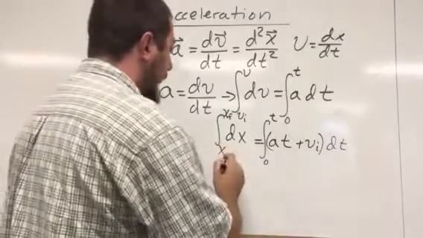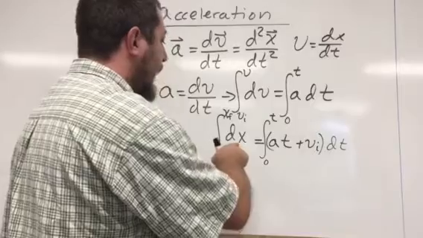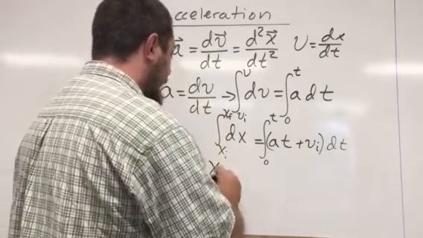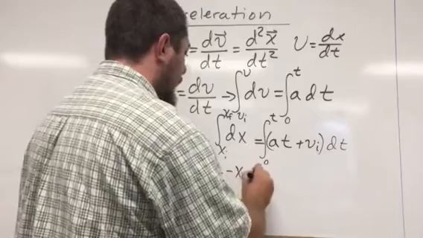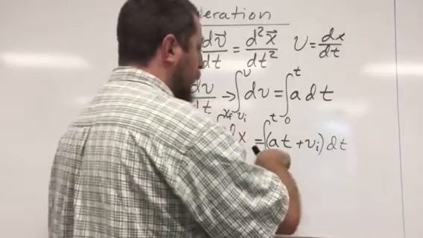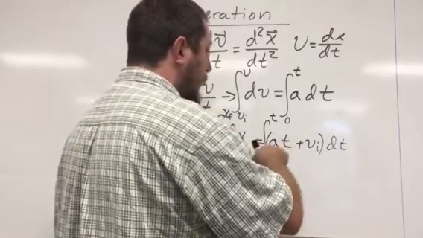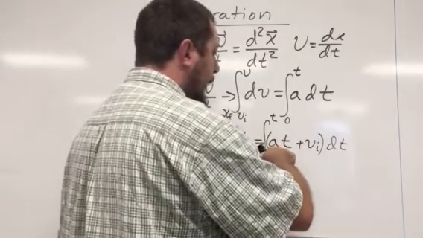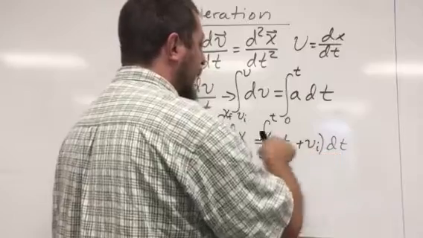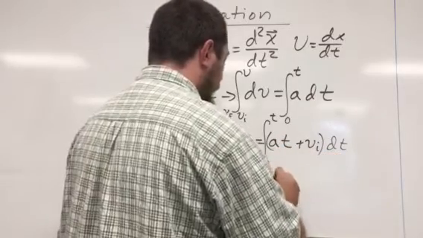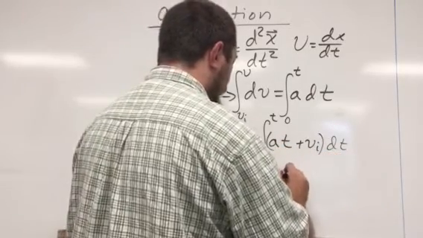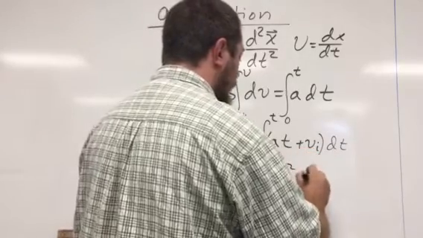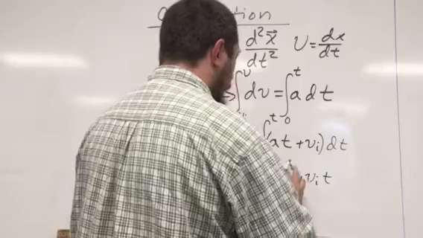So if I integrate dx, of course I just get x, and I evaluate that at my endpoints. This is going to be xf minus xi, and that is going to be equal to, I integrate both of these terms, and if I integrate at with respect to dt, I'm going to get 1/2 at squared, and if I integrate vi, I'm going to get plus vi t.